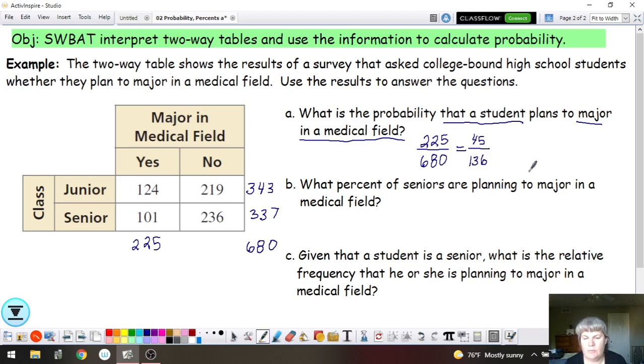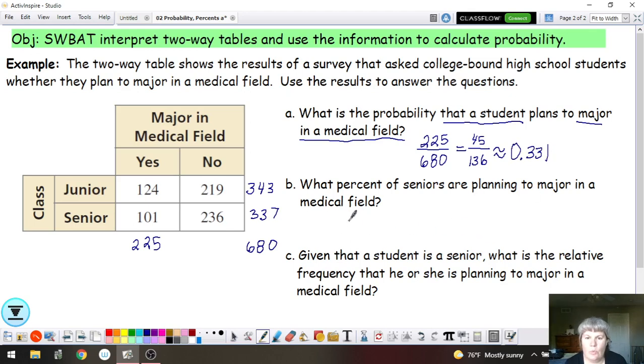I believe that's probably as simple as the ratio can be. If we want to change that probability to a decimal, I am going to divide 45 by 136, and that rounds to approximately 0.331.